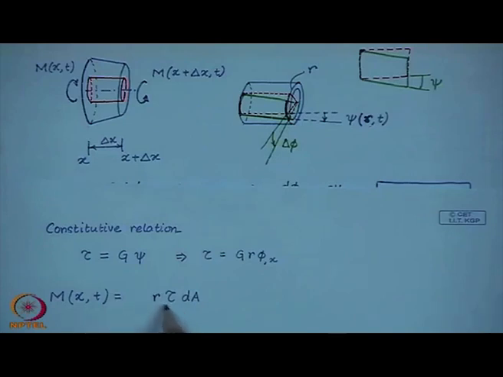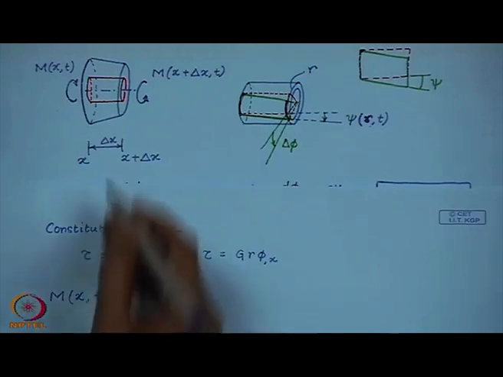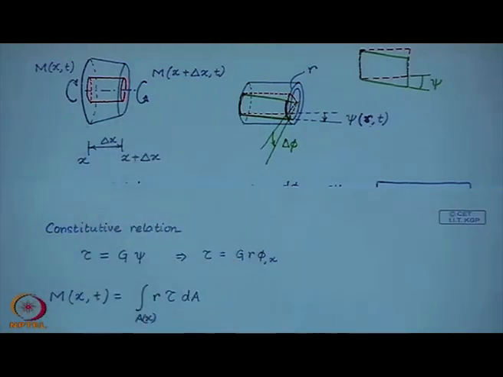So, arm times this shear force will give us the moment, the torque. Now, if you integrate this over the full face, then you get the total torque on this face of the bar.